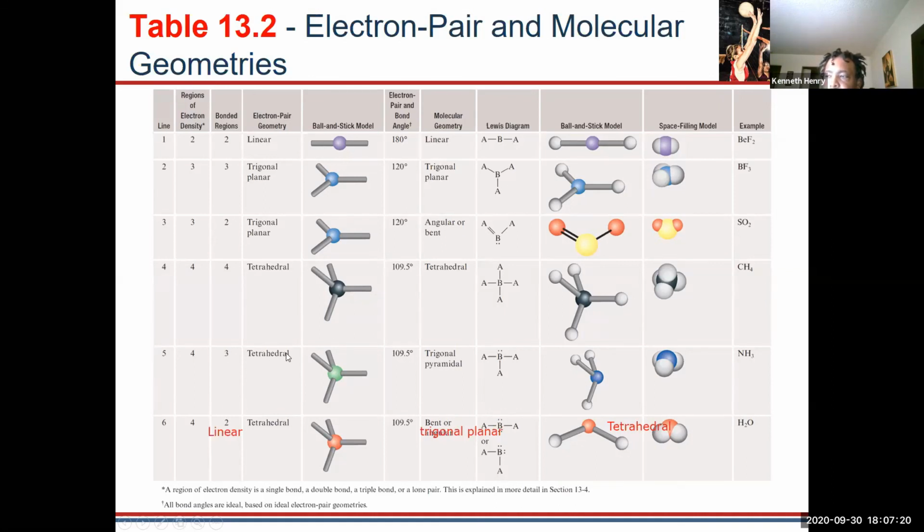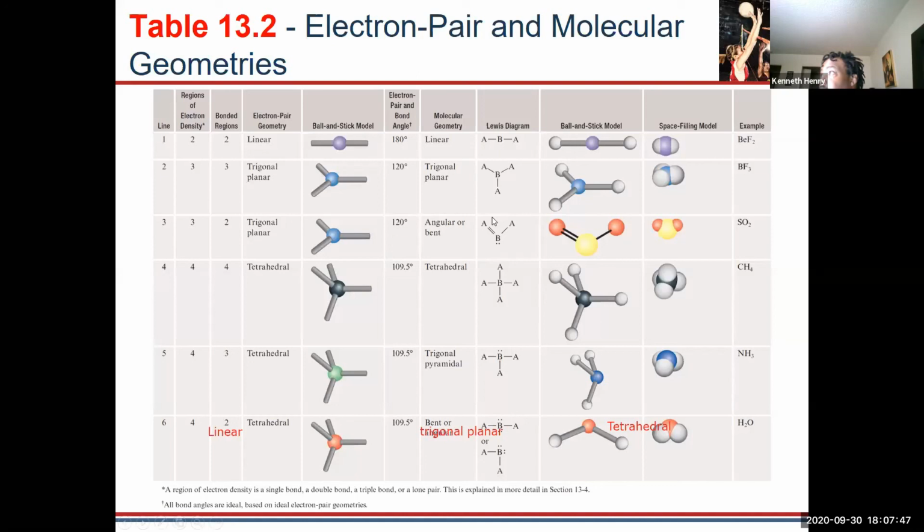Here again the electron pair geometry is tetrahedral, but we have a single electron pair up top. In this case this is going to be called trigonal pyramidal, because that electron pair up top is pushing the other atoms down. An example of this is ammonia.